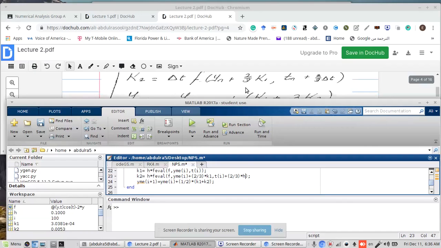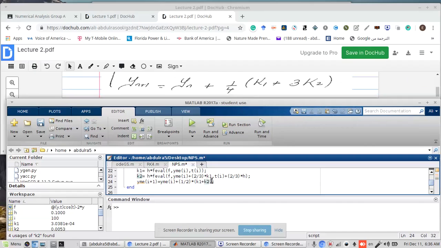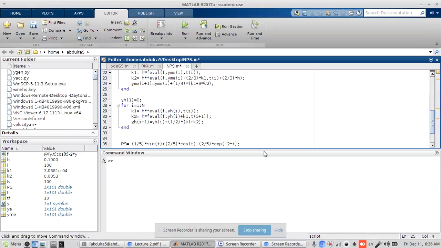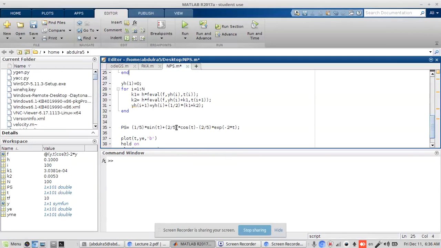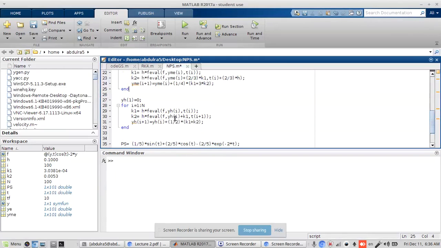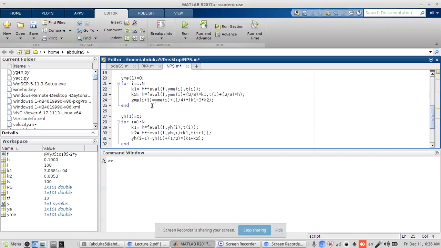And the general form for Y, instead of 2, is 1/4 times K1 plus 3 K2. Did I change the right one? Yeah, I made a mistake.